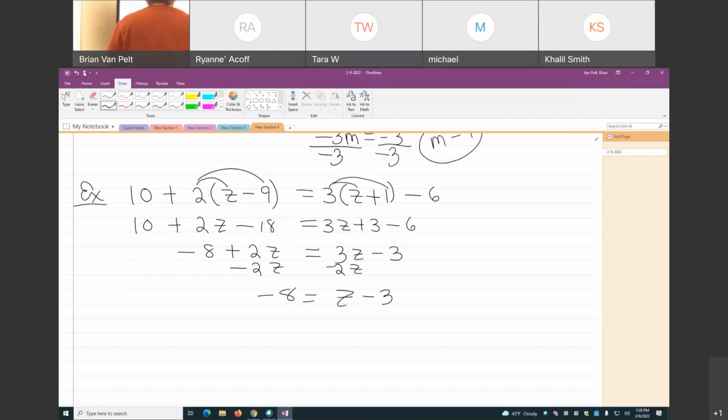We're almost finished here. What should we do to finish this off? Add 3 to both sides. So z minus 5 is equal to 0.